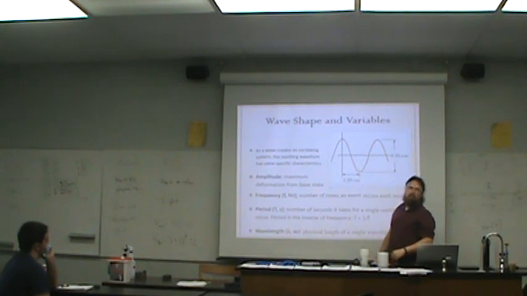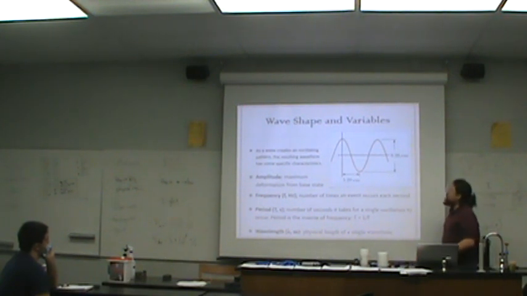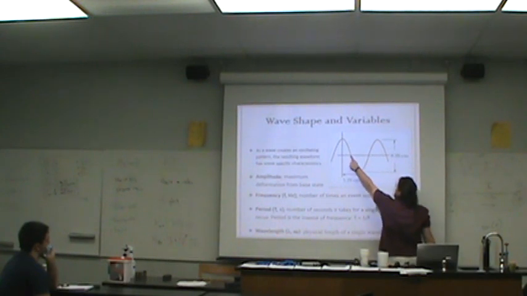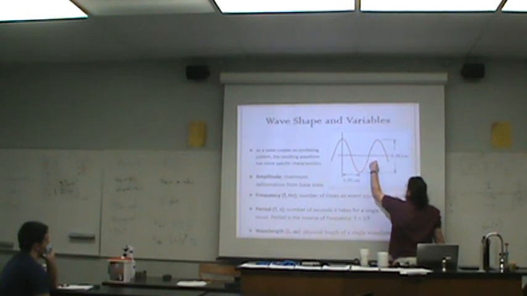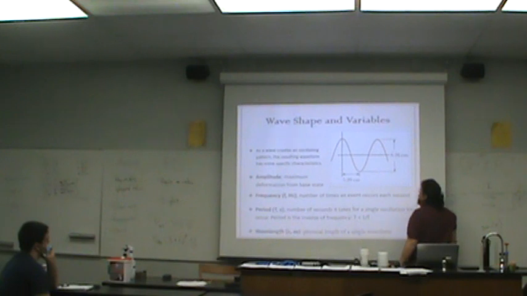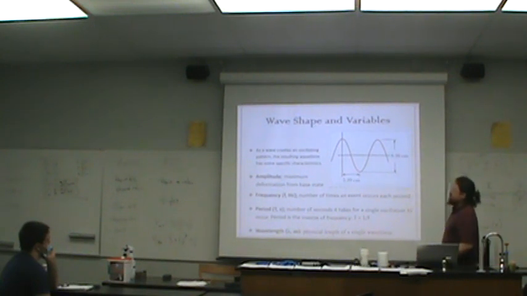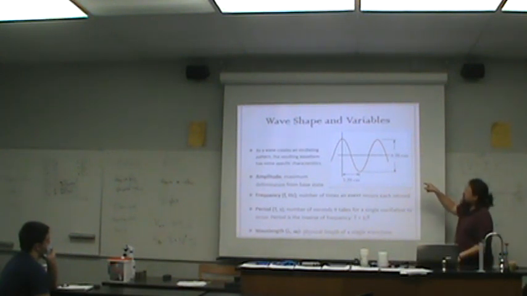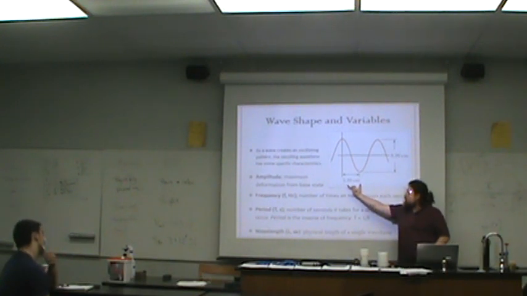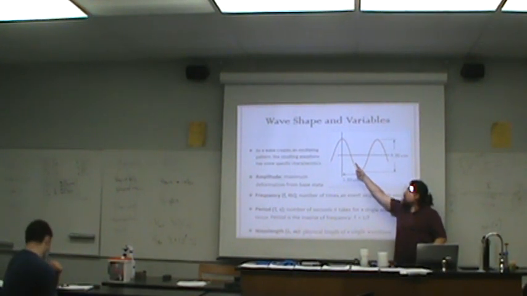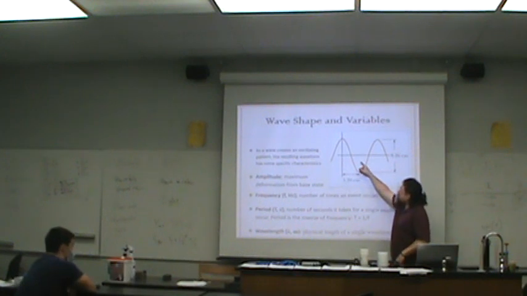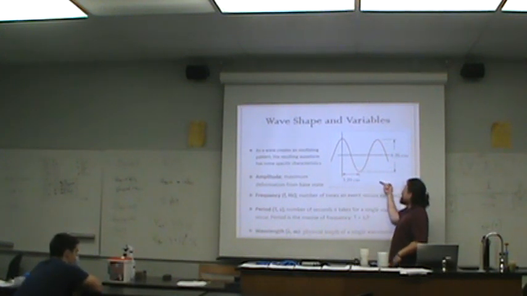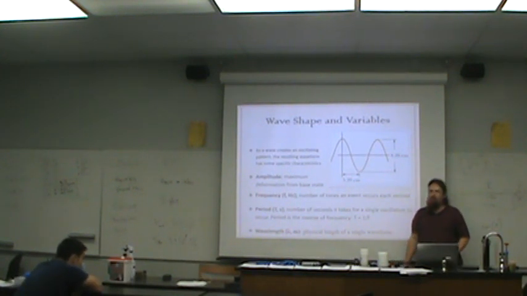You could also measure from falling to falling, or from bottom to bottom, as long as you are measuring to the next iteration of that spot. So specifically, the wave on screen right now is 5.2 centimeters from top to bottom. We need to go from top to top, so the wavelength of this wave would be 10.4 centimeters.